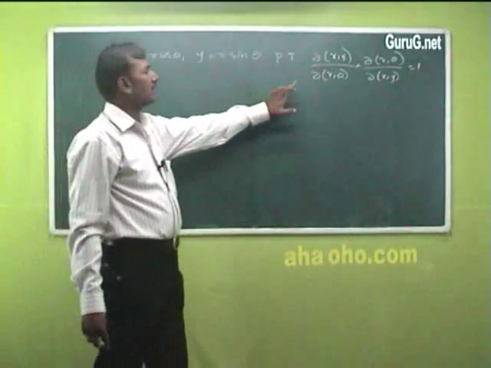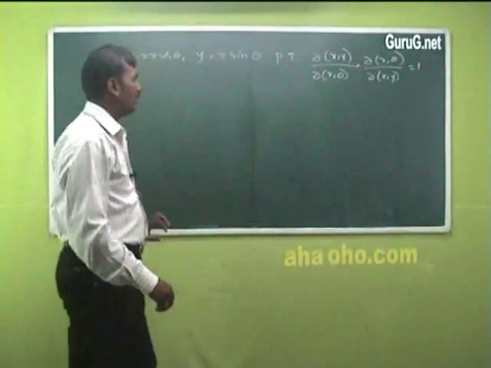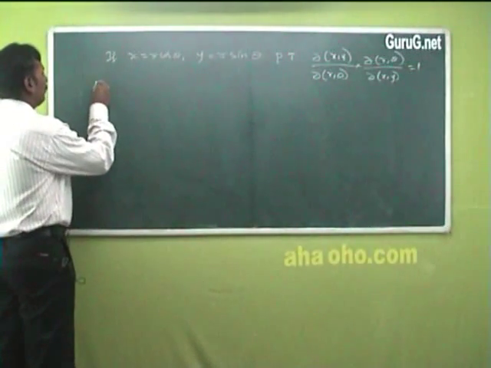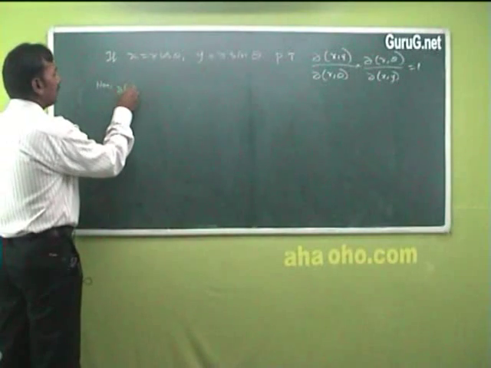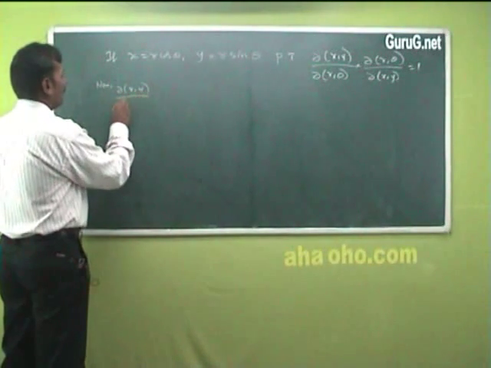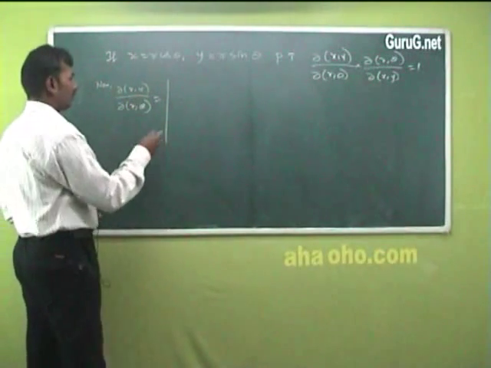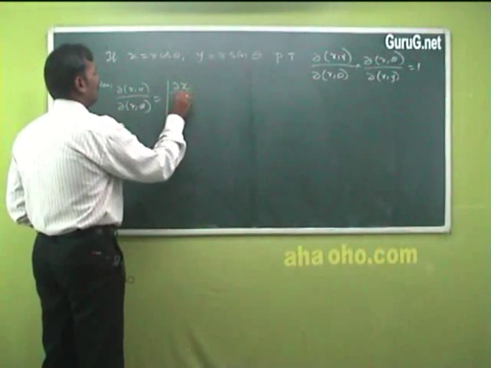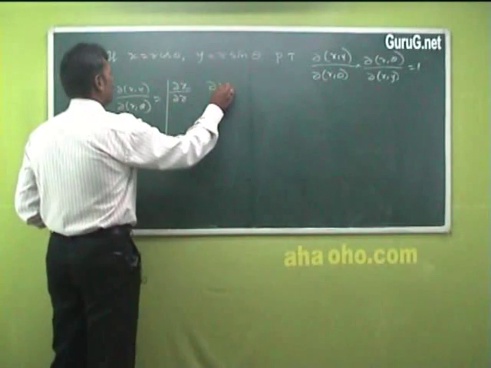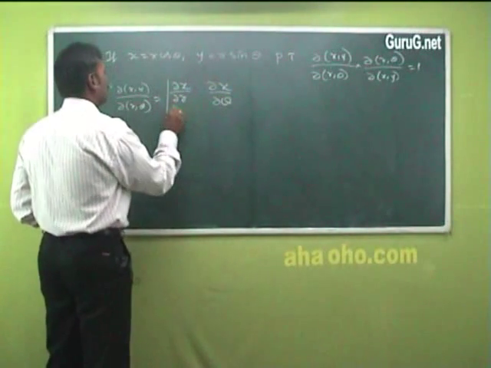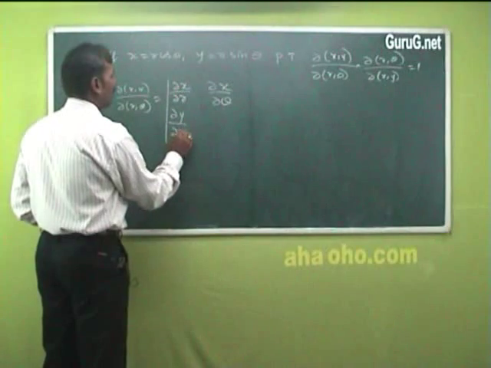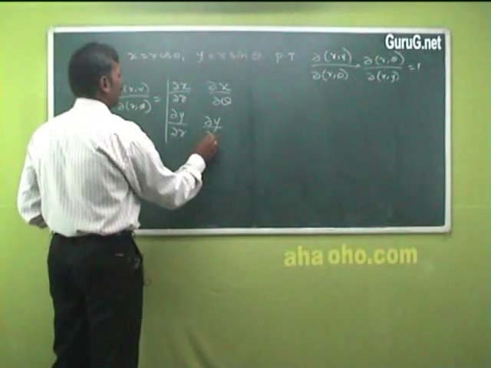First, ∂(x,y)/∂(r,θ). By the definition, we have the determinant ∂x/∂r, ∂x/∂θ, ∂y/∂r, ∂y/∂θ.